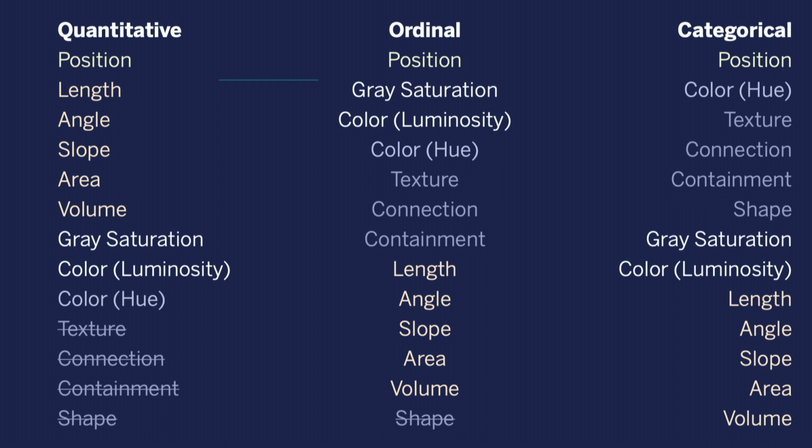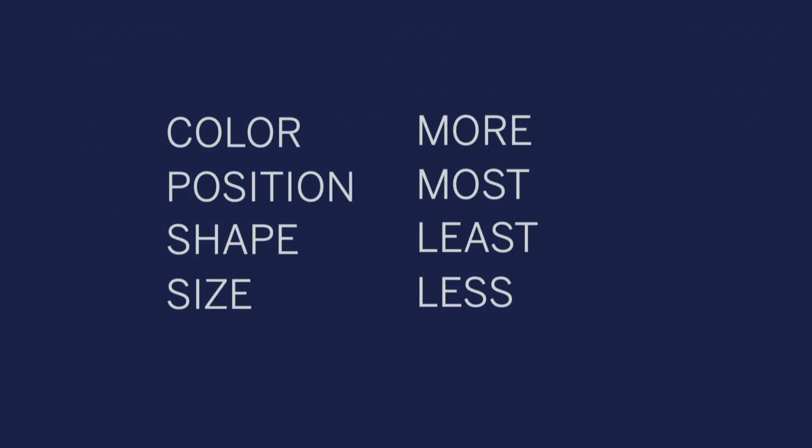I can't use something like volume to communicate that, right? I have to use something like color, which is at the top of the list, blue, orange, red. So I don't expect you to memorize this slide, but what I want you to take away is there is an order of importance for these things when you're messaging. So this is the order.